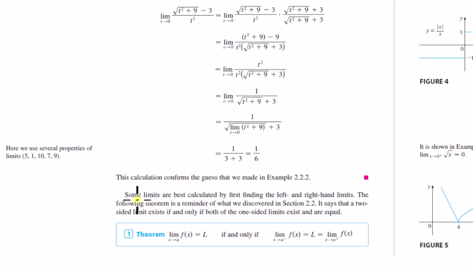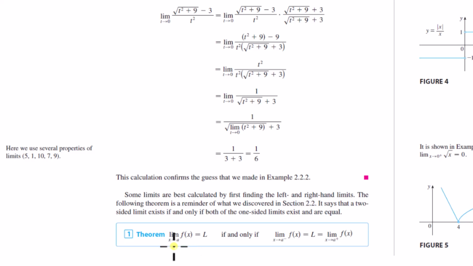Now, it says some limits are best calculated by first finding the left and right hand limits. The following theorem is a reminder of what we discovered in section 2.2. It says that a two-sided limit exists if and only if both of the one-sided limits exist and are equal. We talked about this in the previous section, that the limit as x approaches a of a function is equal to L only if the corresponding one-sided limits are both equal to L, right?